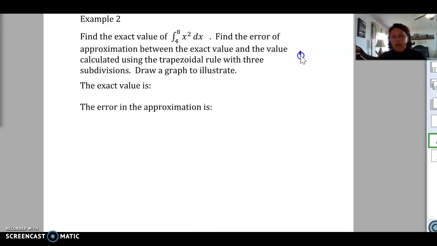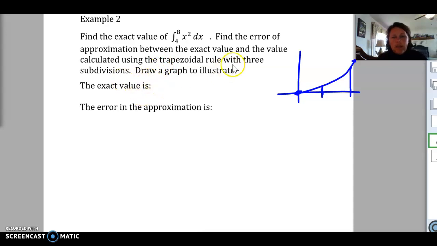So first of all, let's go ahead and graph this. Now from 4 to 8, we're getting pretty high up there with our integral. So for our quadratic equation, we're going to squash it down quite a bit. Okay, so let's just say that looks like that. So we've got to find the area under the curve between these 2 points.